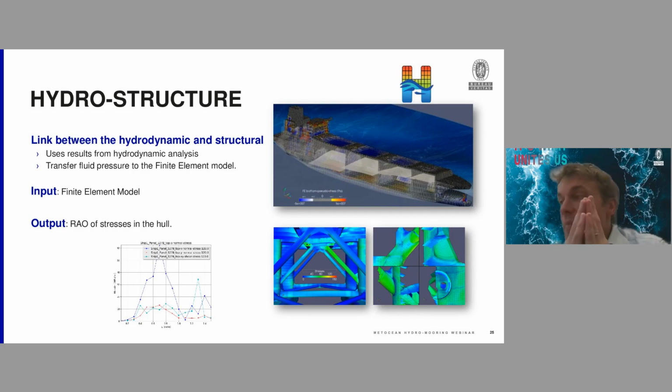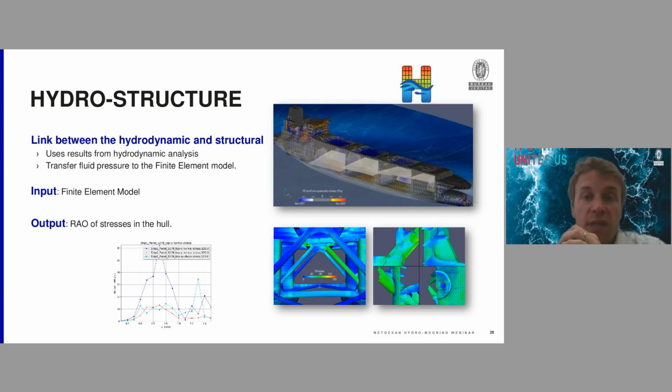So with this seakeeping model, you have basically motions, but also pressure and hull girder loads. If you want to go further, and for instance, to get stress in the structure of your hull, you will need to do a so-called hydrostructure analysis. That is to say, you need to transfer the pressure from the wave, which is calculated by a seakeeping model, to a structural finite element model.